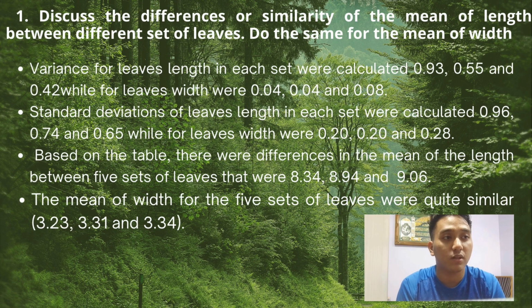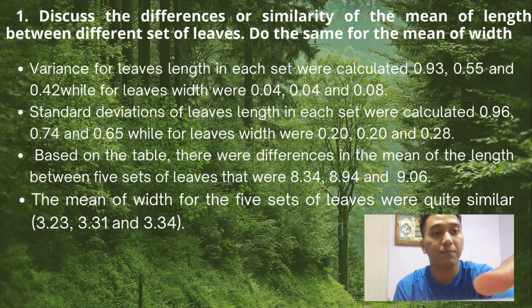Based on the table, there were differences in the means of the length between the 3 sets of leaf, that were 8.34, 8.94 and 9.06. The means of width for the three sets of leaf were quite similar: 3.23, 3.31 and 3.34.